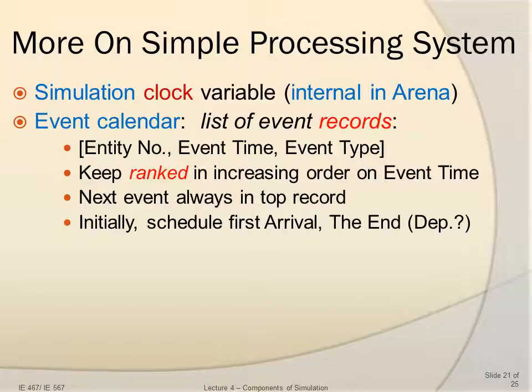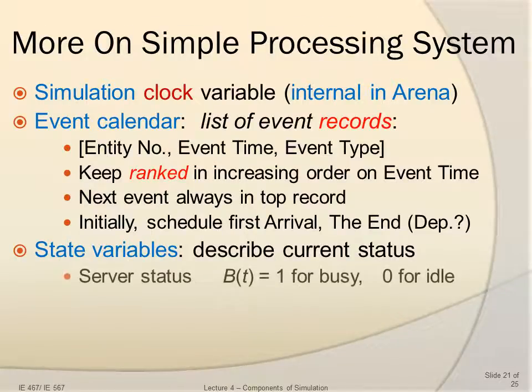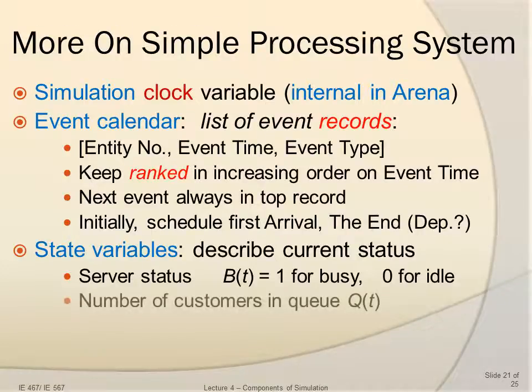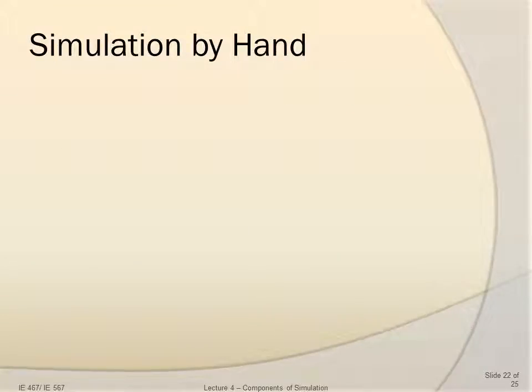Initially, schedule the first arrival and the end. State variables are important. They describe the current status. For example, service status, B(t), is 1 for busy or 0 for idle. Number of customers in queue, Q(t). Times of arrival of each customer now in queue, a list of random length.